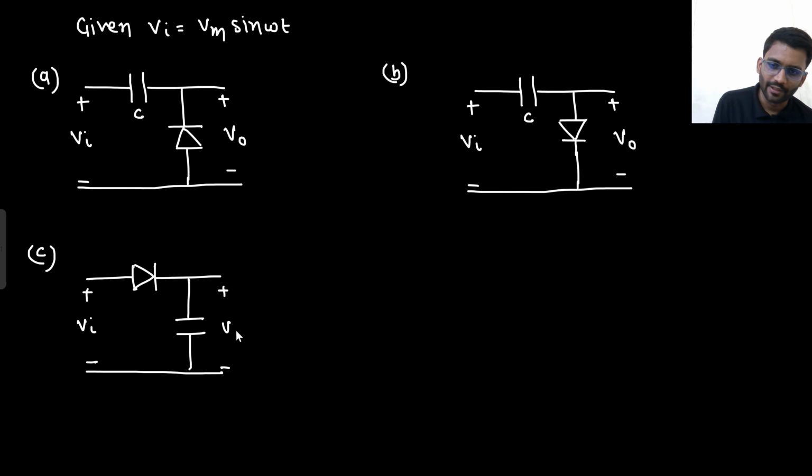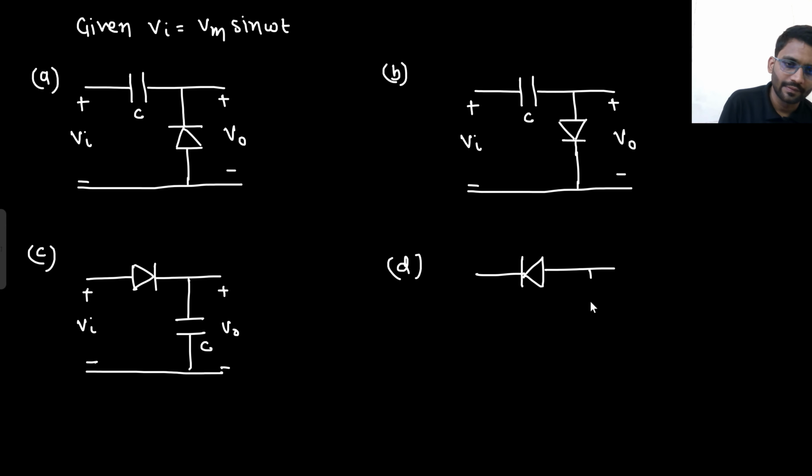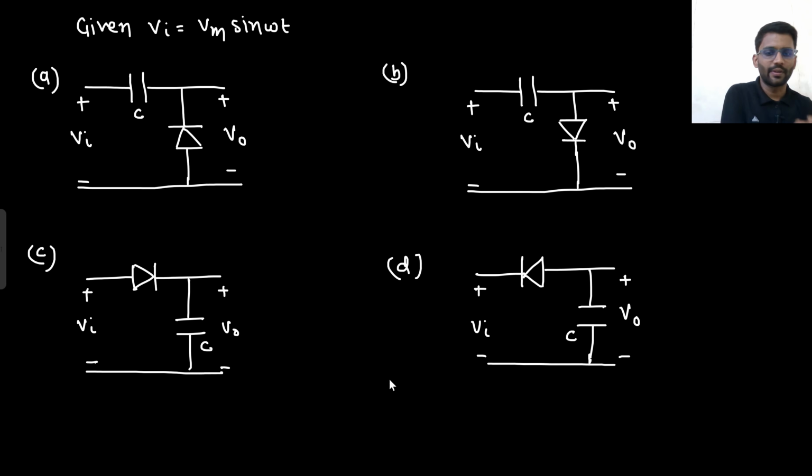This output you need to tell me. And then this is the circuit, and this output you need to tell me. Okay, so 4 circuits are given. Also you need to tell me which circuit is called what.